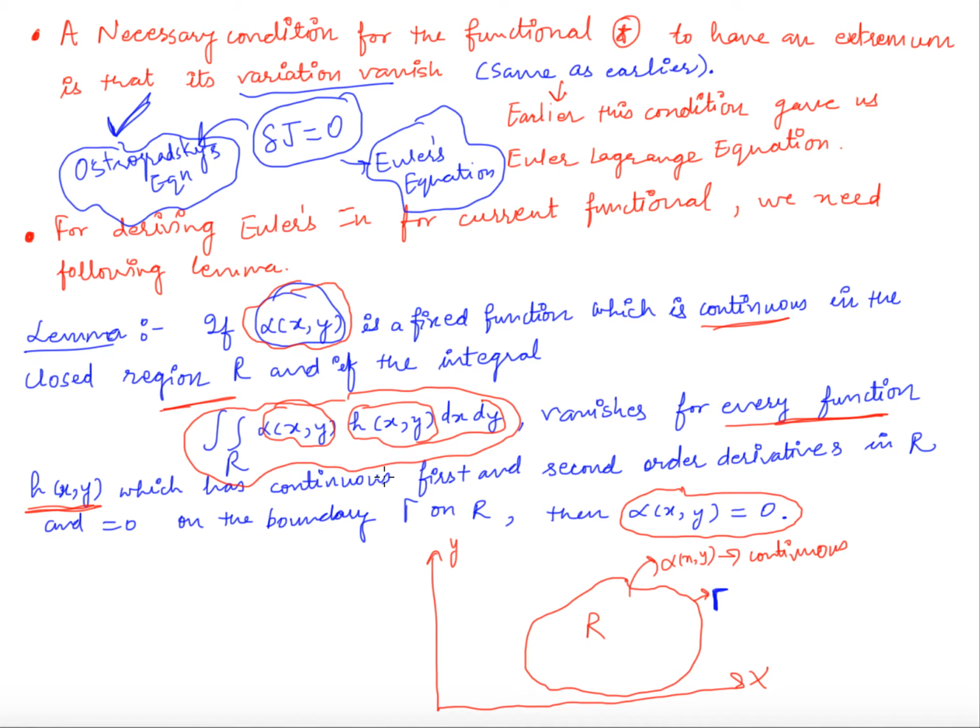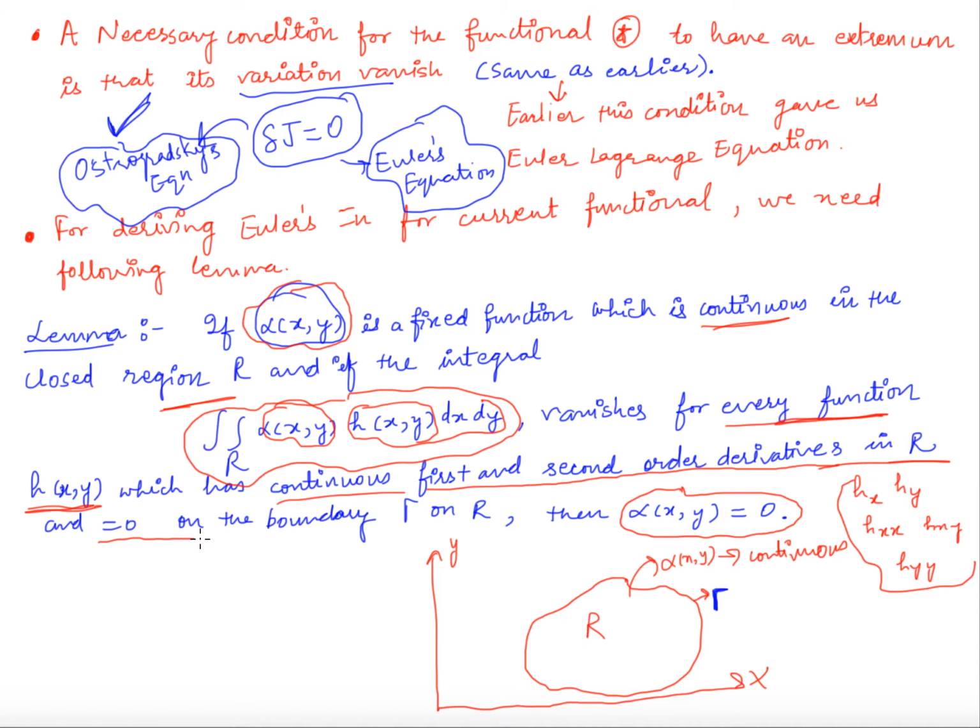The first condition is that this hxy should have first and second order partial derivatives continuous in R. It means that the partial derivative of h with respect to x, with respect to y, the second partial derivatives hxx, hxy, hyy, all these five things should be continuous in R. This is the first condition.